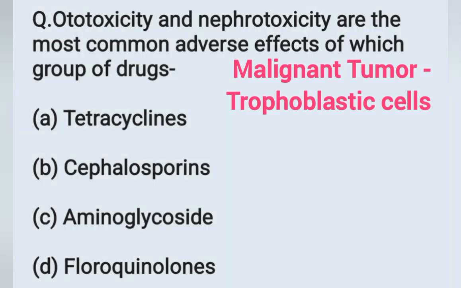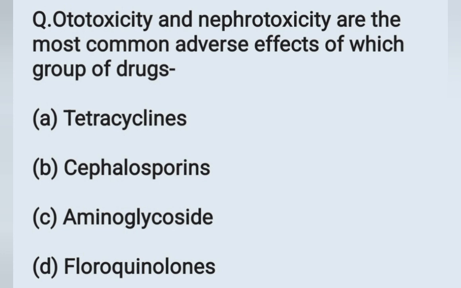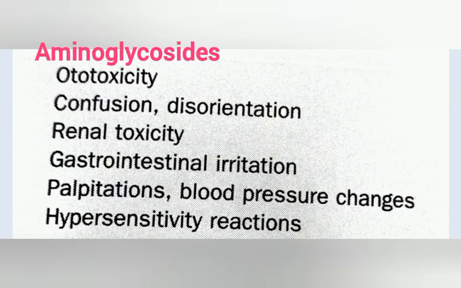Move on to the next question. Ototoxicity and nephrotoxicity are the most common adverse effects of which group of drugs? Options. Option A tetracycline, option B cephalosporins, option C aminoglycosides, option D fluoroquinolones. Here our question is, ototoxicity and nephrotoxicity is seen in which group of drugs? We can see it as a side effect of aminoglycosides.